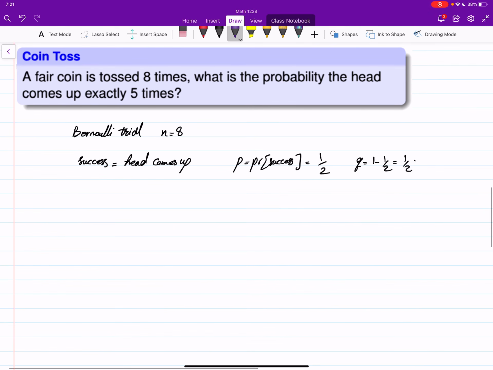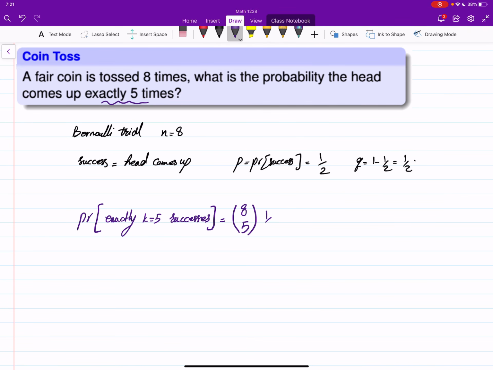What is the probability we are looking for? We are looking for the probability of exactly 5 times the head comes up. So we are interested in exactly 5 successes. This will be choose 5 out of 8, 8 choose 5.